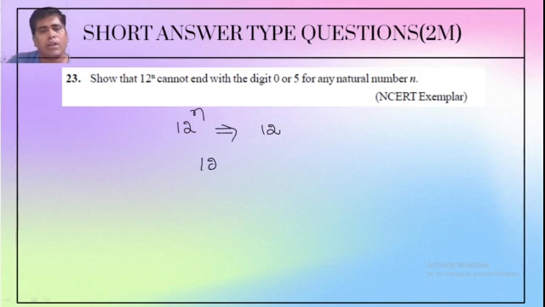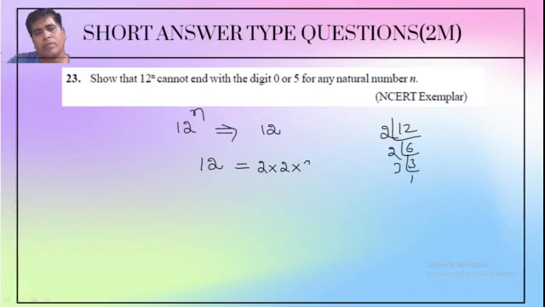So what are the factors involved in this 12? It goes by the 2 table. 2 sixes are 12, 2 threes are 6, 3 ones are 3. So 2 into 2 into 3. So I expressed 12 as the product of prime factors, 2 into 2 into 3.